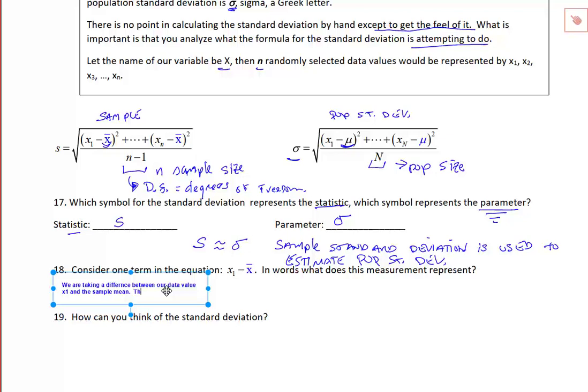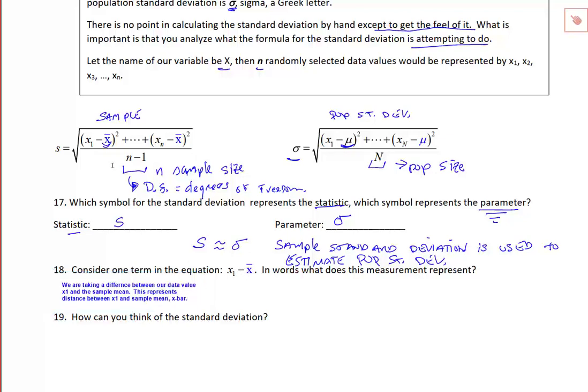So this represents the distance between x sub 1 and the sample mean.